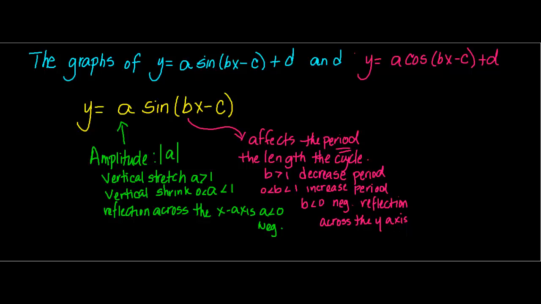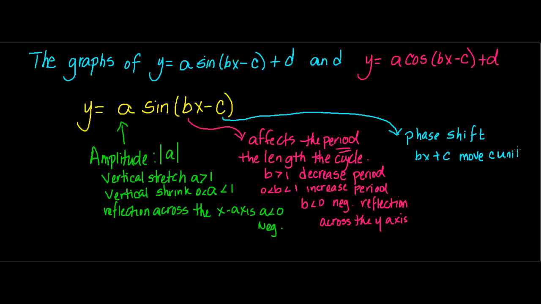Okay? Now let's talk about letter C. This C here. Letter C we call the phase shift. And what this number does, if I have bx plus c, my graph will move c units to the left.